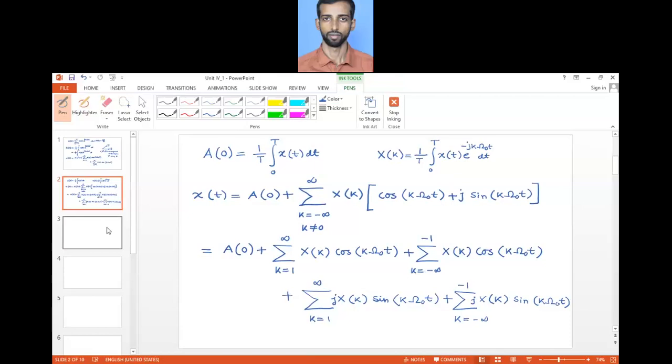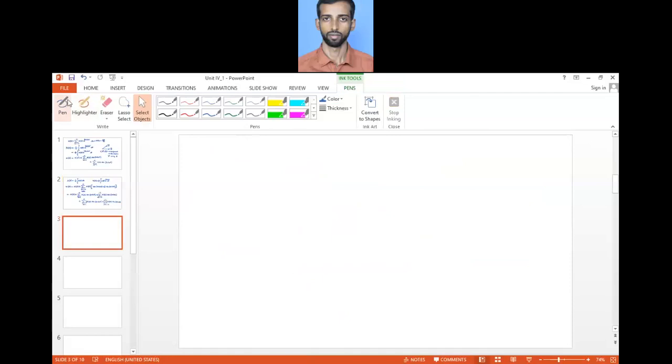Okay, so now moving forward, this can be written like so: a0 plus, the first summation we can keep as it is, k equal to 1 to infinity x of k cos k omega naught t. In the second summation, the range is minus infinity to minus 1 of x of k cos k omega naught t.